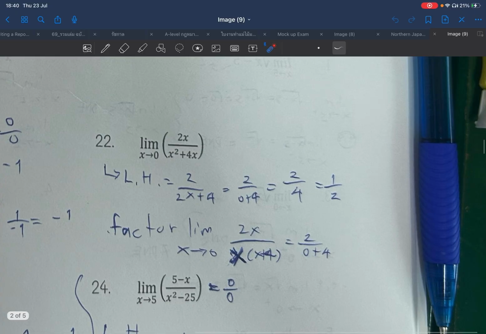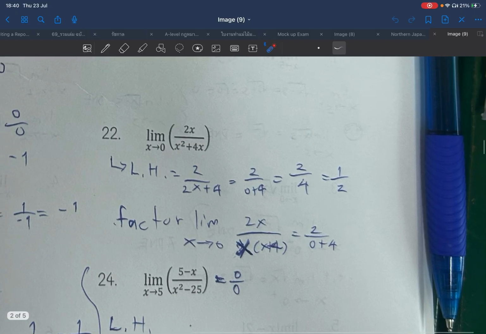Number 22. So my main method that I use here is LH, which is 2 over 2x plus 4.